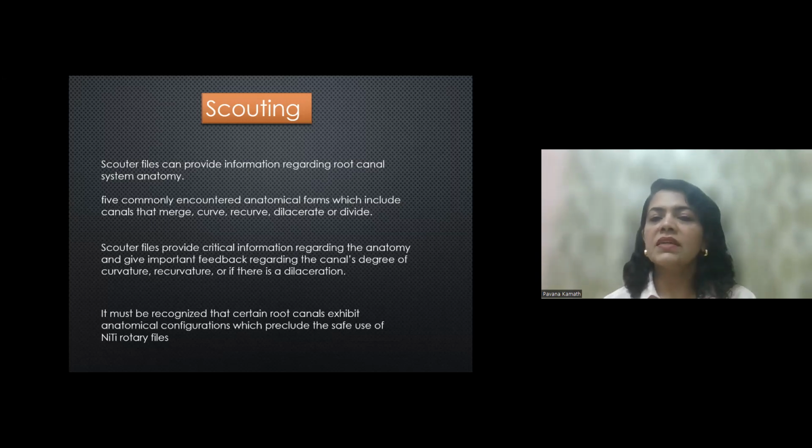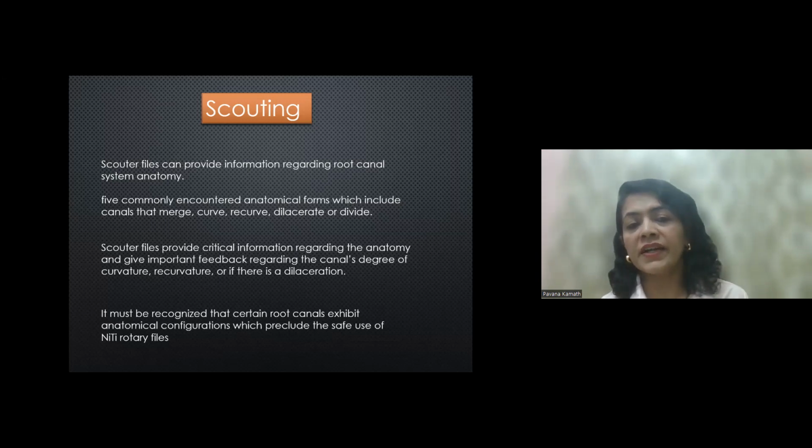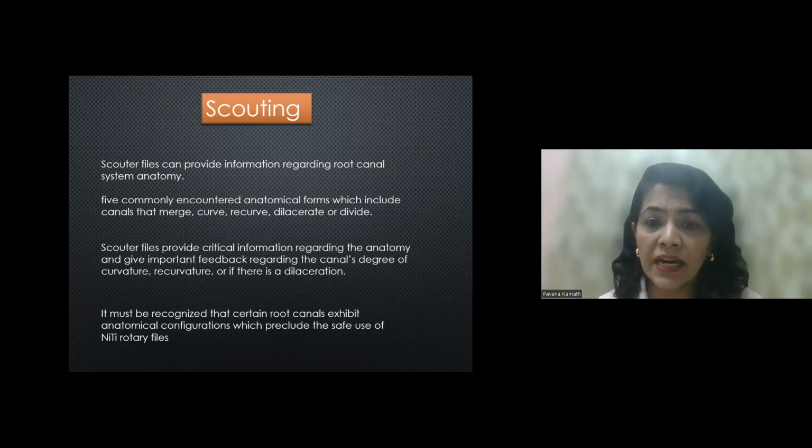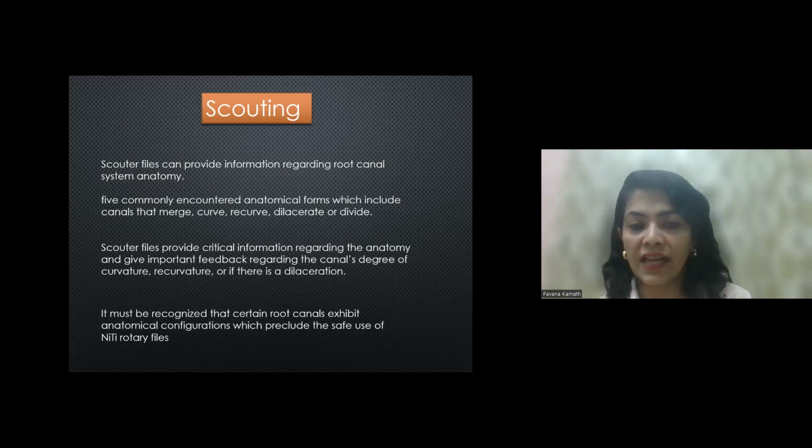There are five commonly encountered anatomical forms, which include canals that merge, curve, recurve, dilacerate, or divide, and you're familiar with these terminologies. The scouter files provide critical information regarding the anatomy and give important feedback regarding the canal's degree of curvature, recurvature, and even if there is a dilaceration.